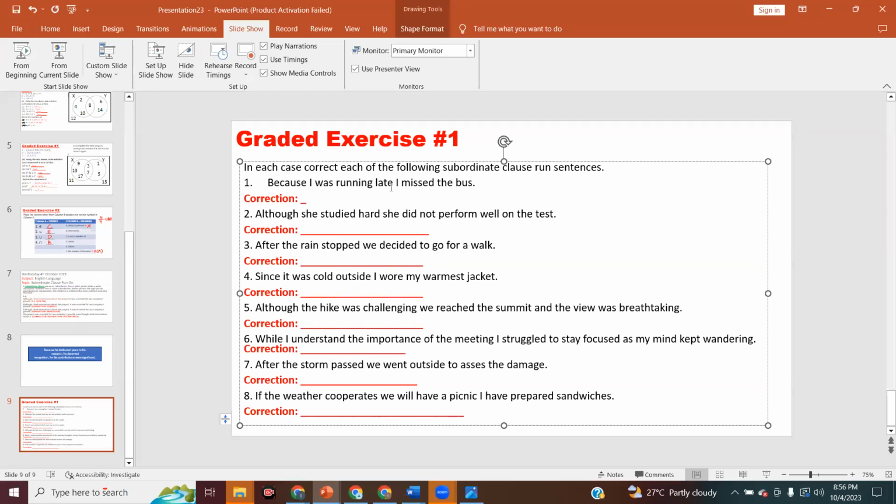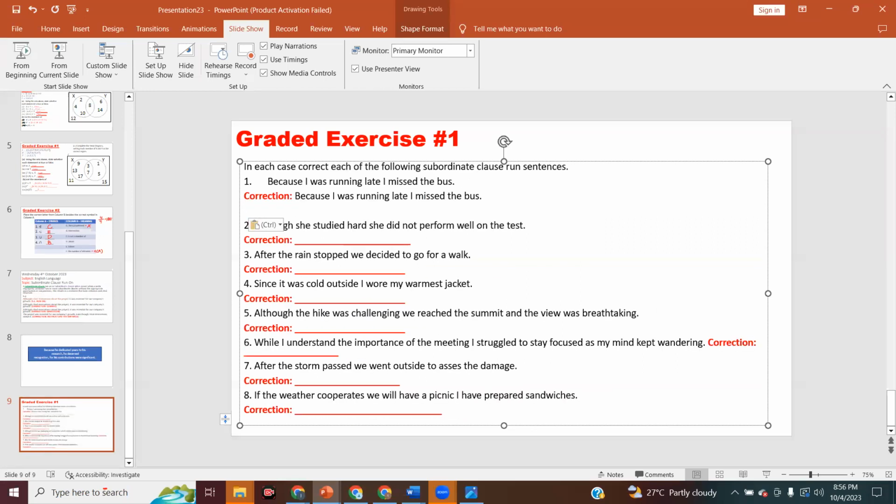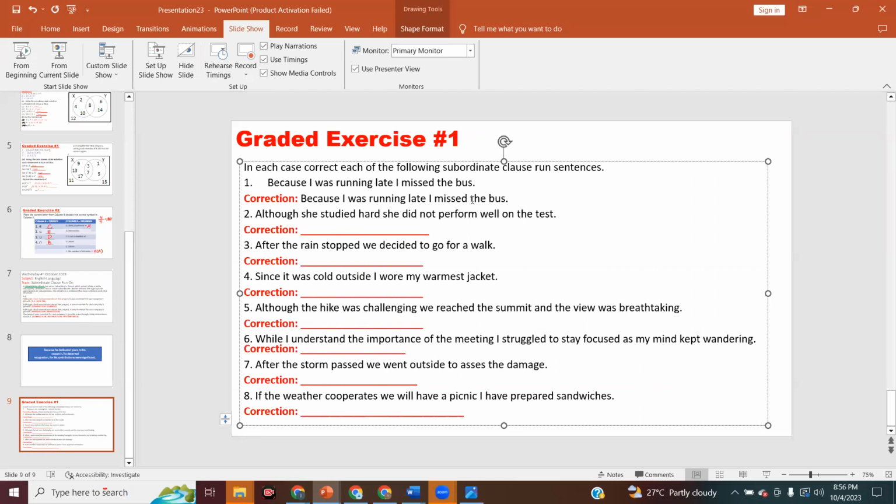All right, because I was running late, I missed the bus. How do we correct that? I missed the bus because I was running late. How can we correct this? All we need to do is add a comma. Because I was running late, comma, I missed the bus.